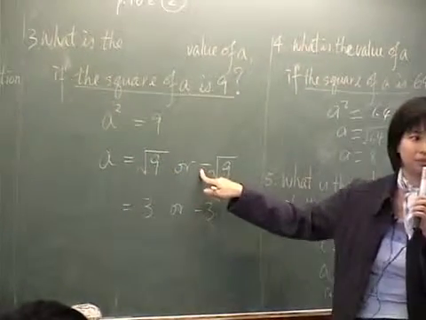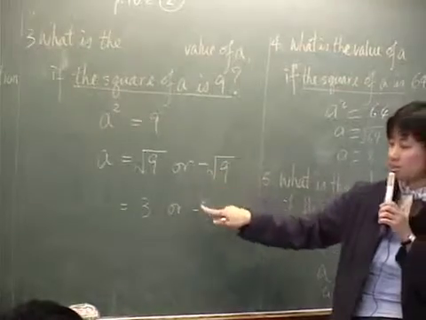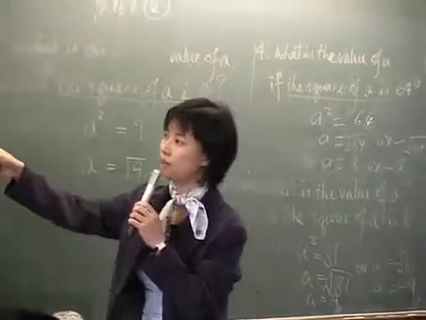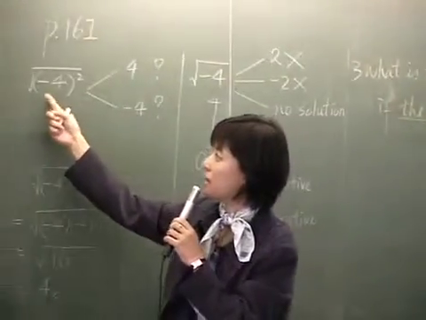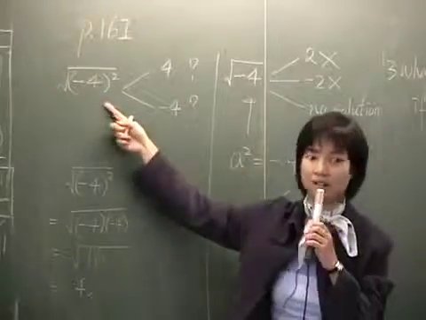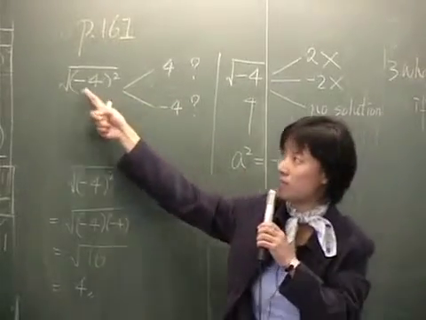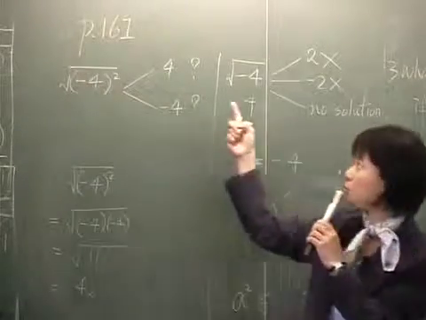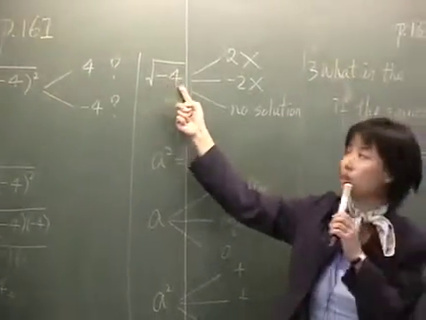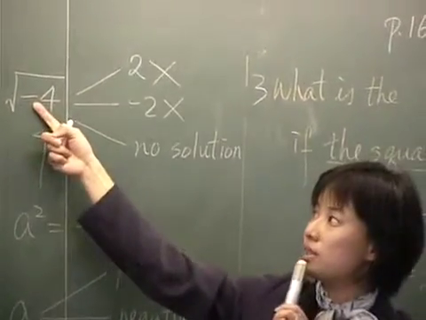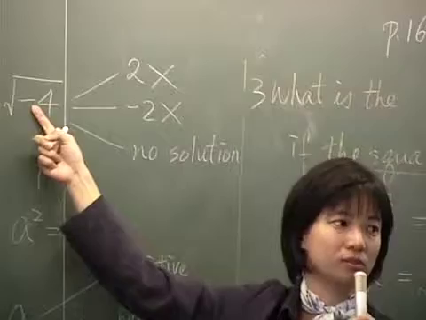If there is a negative sign, then the answer is negative. Finally, there are some special questions for you to think. You must think carefully that this answer must be positive because there is no negative sign. This one, because inside there is a negative number, there is no solution.